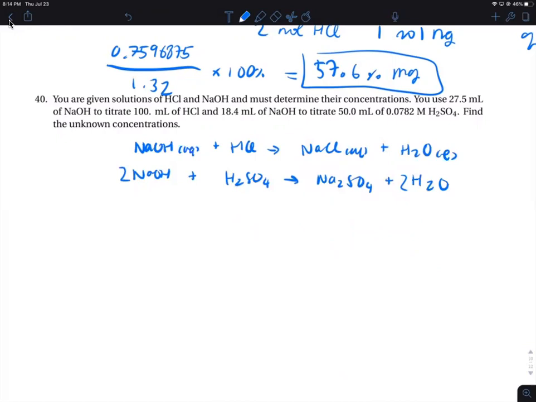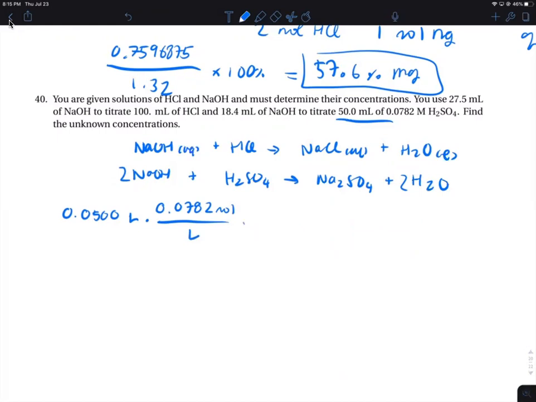So we had 0.0500 liters of 0.0782 moles per liter.